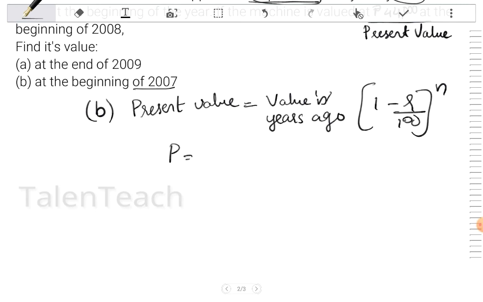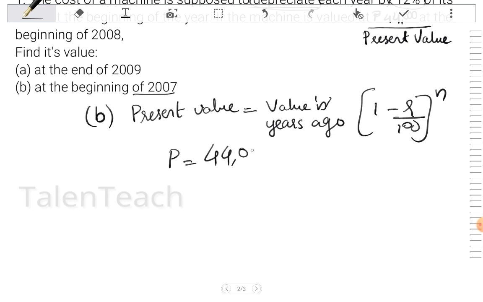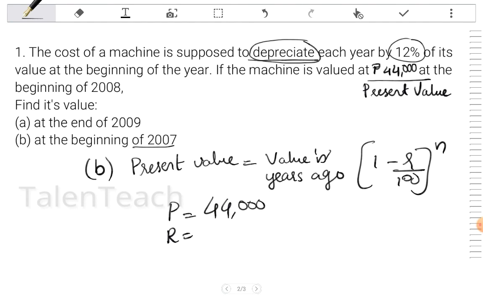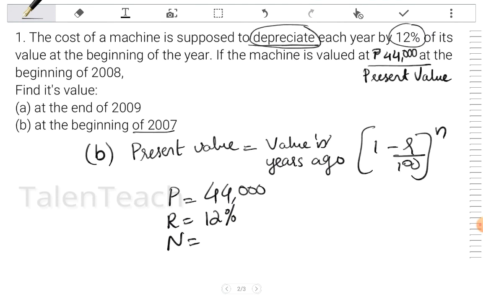So present value is 44,000 rupees, and rate of interest, as before, the cost of the machine depreciates every year by 12%. So rate of interest is 12%, and number of years, here it is beginning of 2007 and beginning of 2008. When we count the number of years from beginning of 2007 to the beginning of 2008, totally there is 1 year.